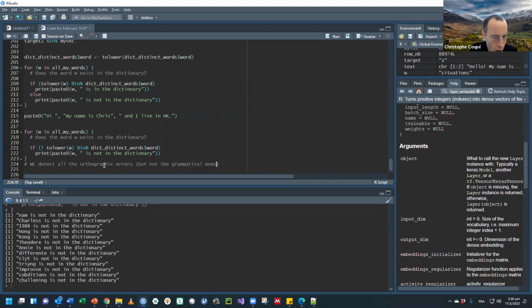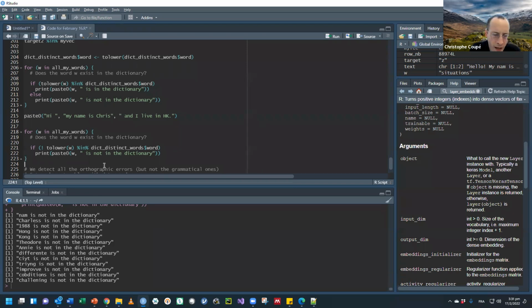Not the grammatical ones, because that's not something we can do. So we detect all of them, but we have trouble with dates and proper names. So it seems that in our dictionary, we don't have the first names, Theodore and Annie. But apart from that, it looks pretty okay.